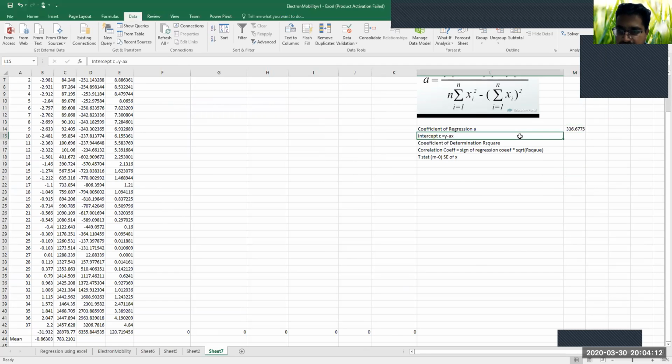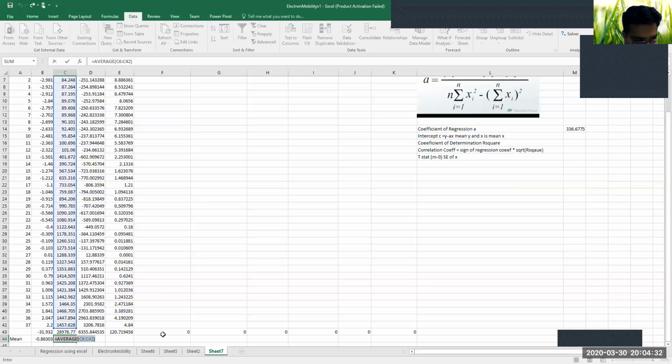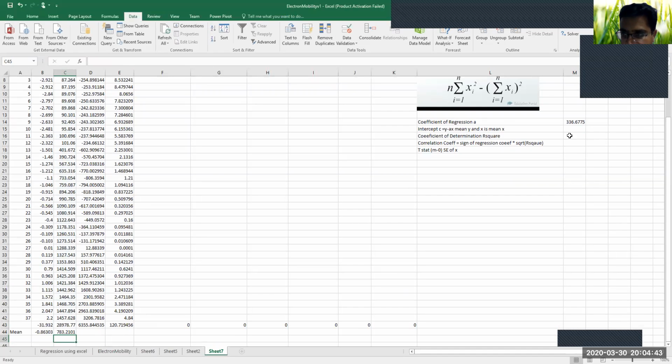To get c value, we need to have y minus ax, where y is mean y and x is mean x. So here we have to write the formula.